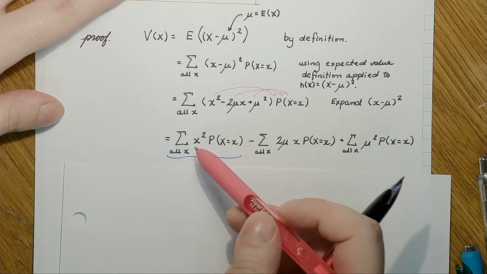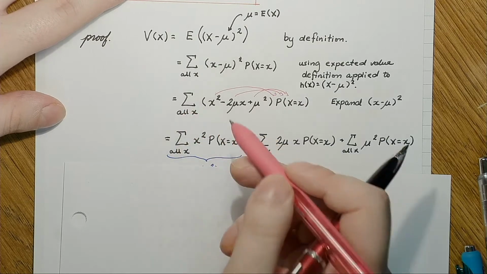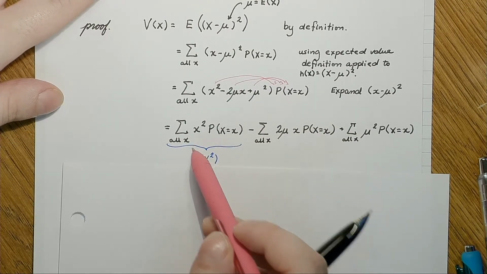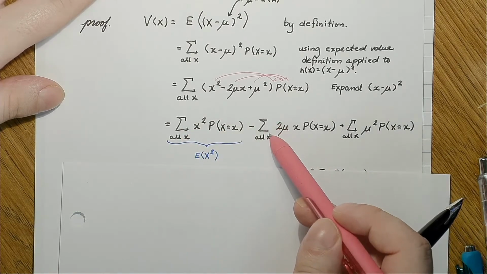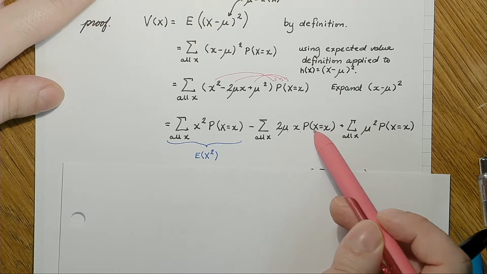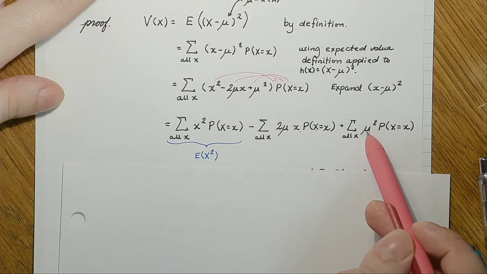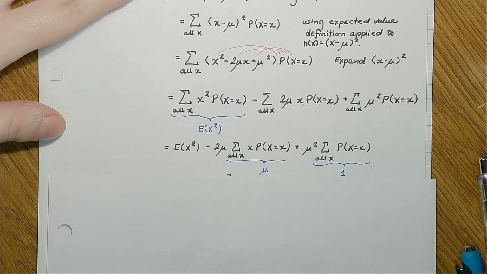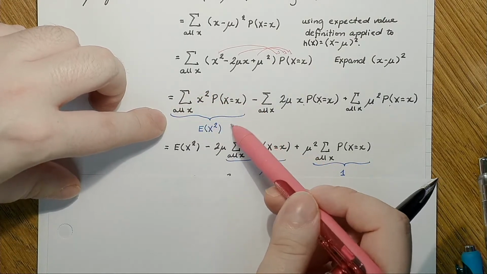Also applying the summation to each of these terms, what we get is the sum of x squared times its probability, minus the sum of 2 mu x times its probability, and lastly the sum of mu squared times its probability. So this is by definition the expected value of x squared.